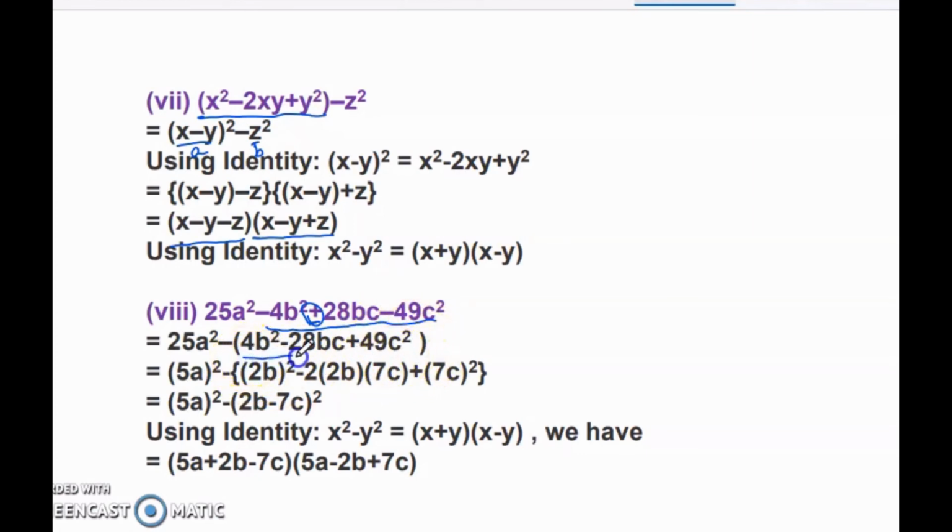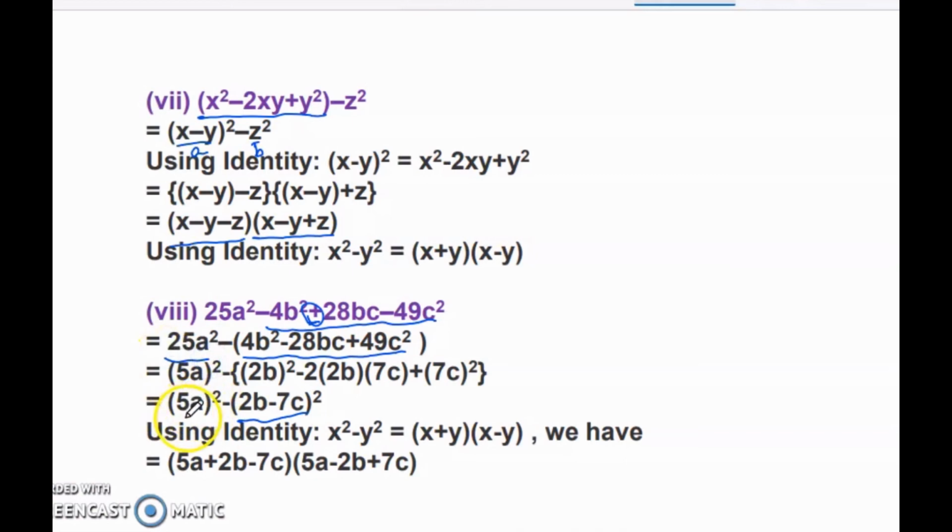Now this bracket, if you observe, this is in the form of the identity. We can write 4b square as 2b the whole square. 49c square can be written as 7c the whole square, and minus 28bc can be written as minus 2 into 2b into 7c. So this is coming in the form of a square minus 2ab plus b square, that form. So this will be factorized as a minus b the whole square, that is 2b minus 7c the whole square. So this entire bracket has been factorized like this.